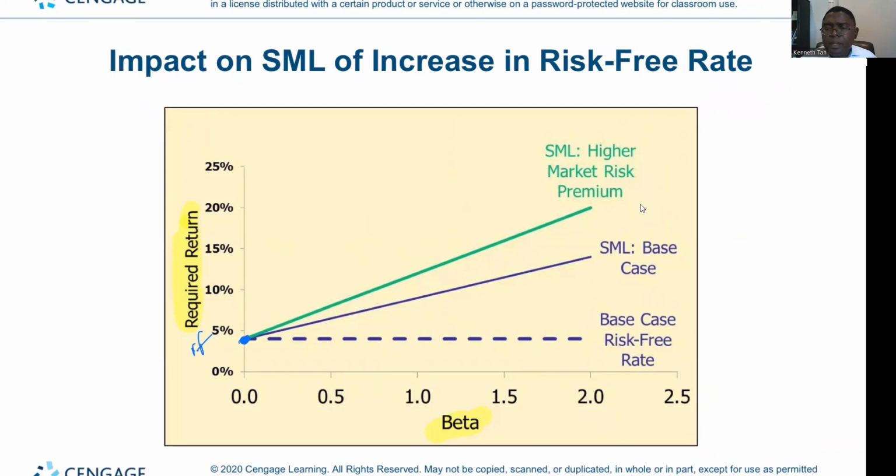The risk-free rate is the rate of a government bond or government security. It doesn't have any risk, so the beta coefficient is 0. Then as the beta coefficient goes up, the required return goes up as well. Once we build that, we end up with this line, which is what we call the security market line.